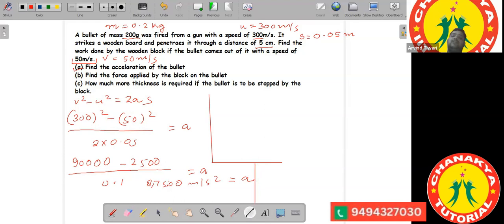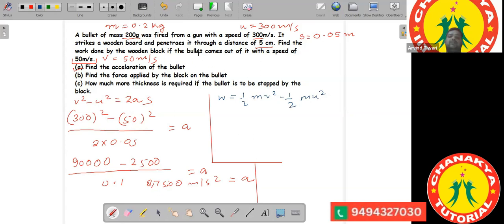In that way also it will be the same thing. If you compute the work done, we compute it as the change of kinetic energy. So work done equals 1 by 2 mv squared minus 1 by 2 mu squared, right?